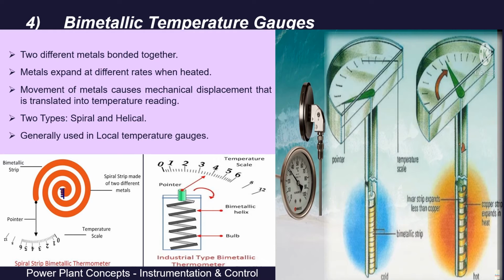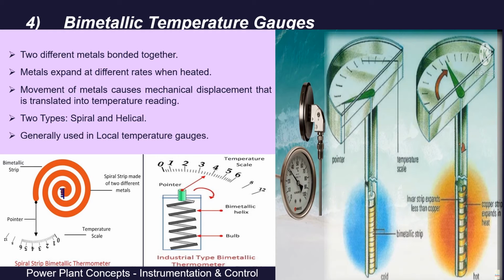Here it is the expansion of the metal itself. So two different metals are bonded together in bimetallic temperature gauges, which expand at different rates when heated. The movement of the metal causes a mechanical displacement that is translated into a temperature reading.